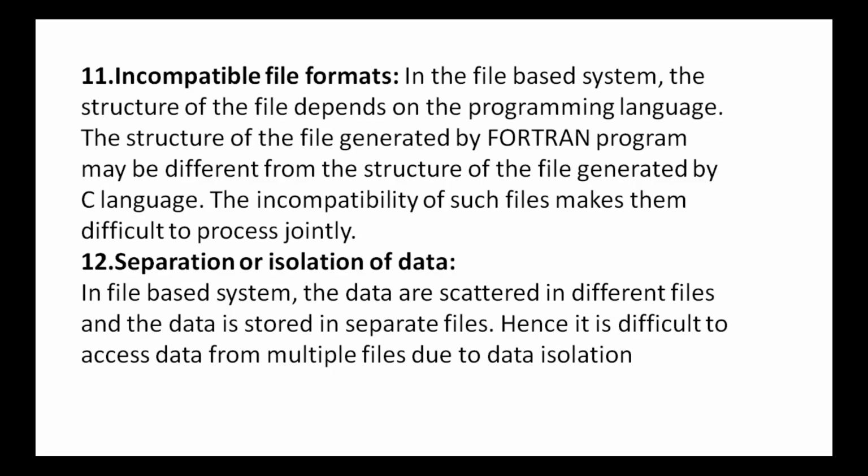Then I need to combine the student data and the marks data from the marks file, but it's not possible to combine the data from multiple files due to this data isolation. Why? Because in a file system those files are treated as separate files, isolated data scattered in multiple files, and there is no relation between those files.